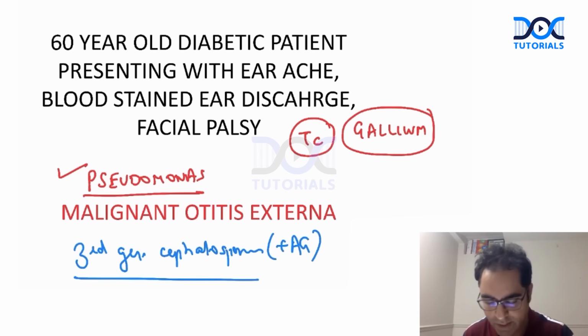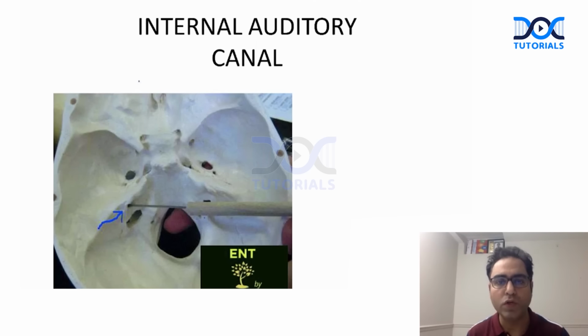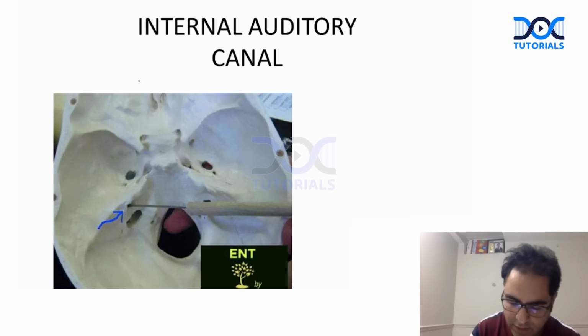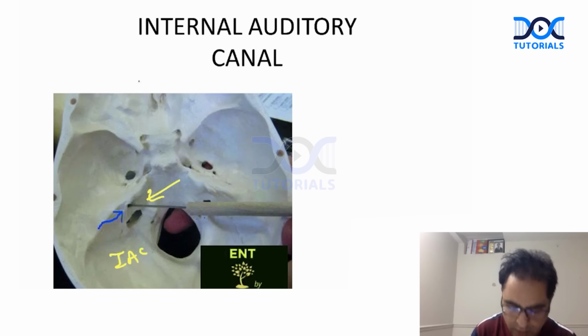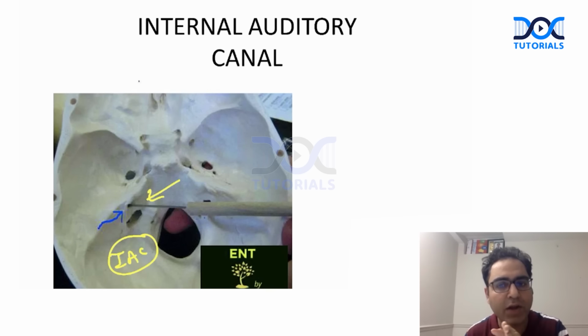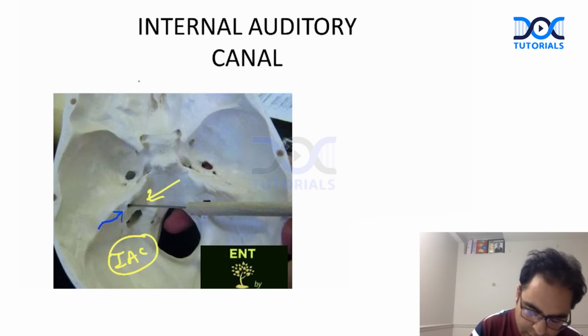Okay, fine. Now, anatomy question, visual question. If they ever show you a structure being pointed on the posterior aspect of the temporal bone, it is the internal auditory canal. The internal auditory canal is the entry point of the 7th and 8th nerve into the ear. And I hope you remember Bill's bar.